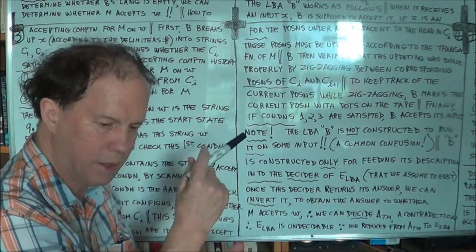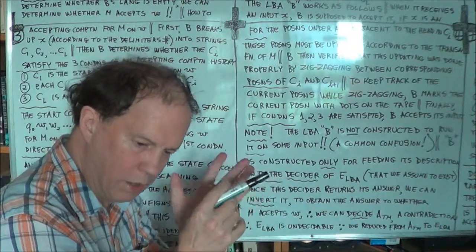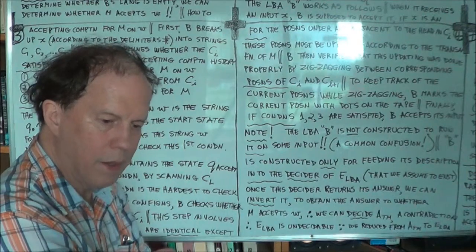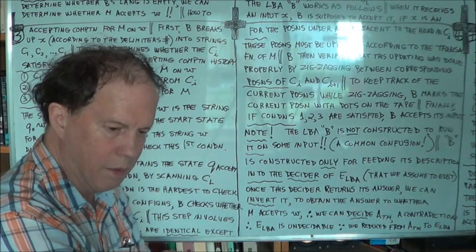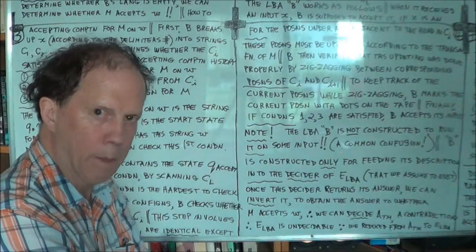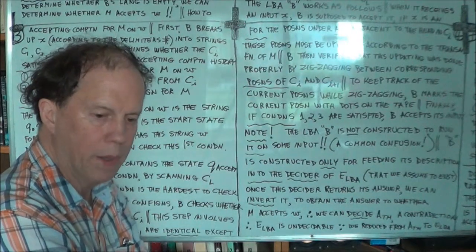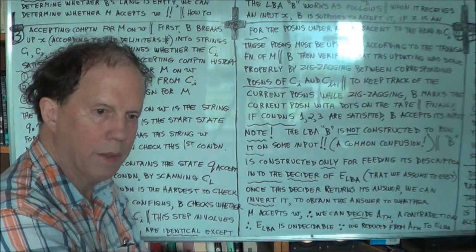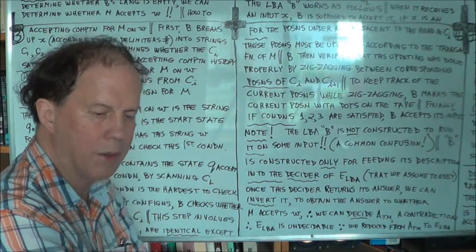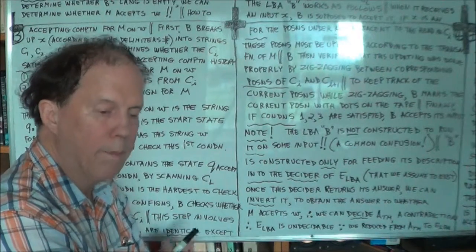That Turing machine accepted that. In other words, the language of B, L of B, is empty. Now what is L of B?